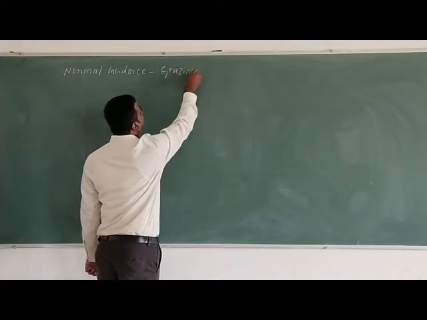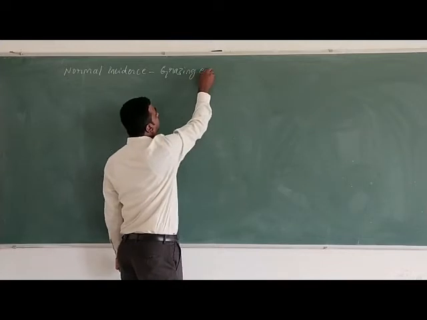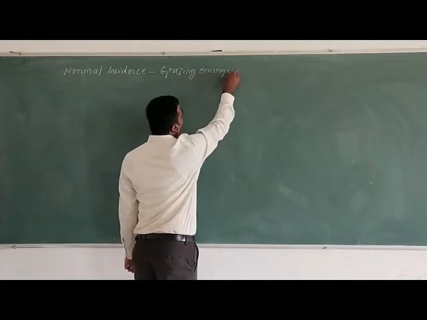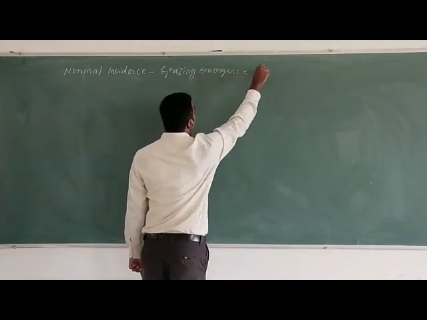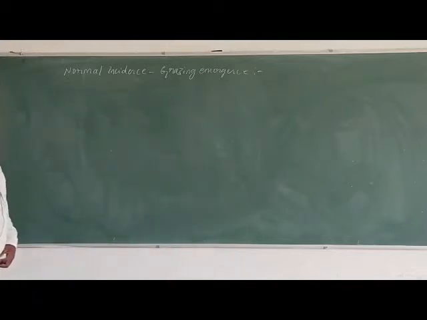What are the conditions for normal incidence and grazing emergence? Now let us see that. Normal incidence means, if we consider a prism here.